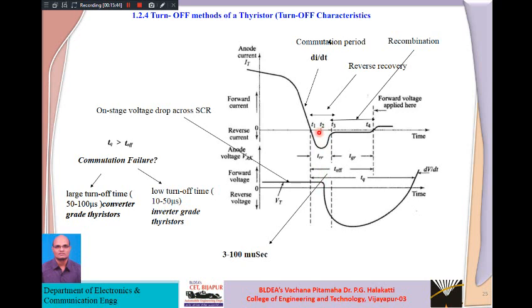During T1 and T2 we call it the reverse recovery period. During T1 to T2, what is the status of the three junctions, J1, J2 and J3? The two end junctions are forward biased and the middle junction got reverse biased.